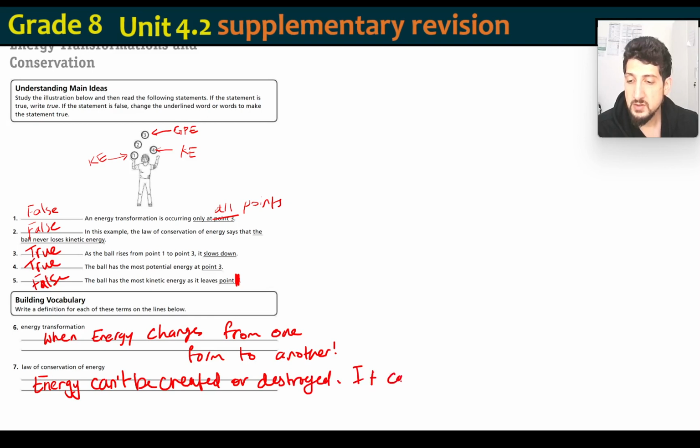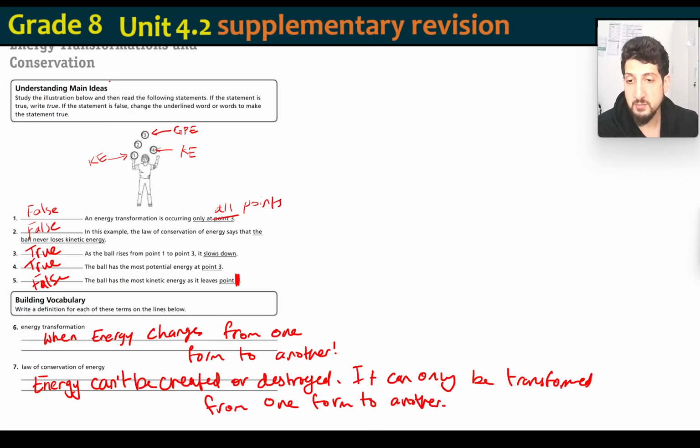It can only be transformed from one form to another. So I can change it from one form to another, but I cannot make it or destroy it.